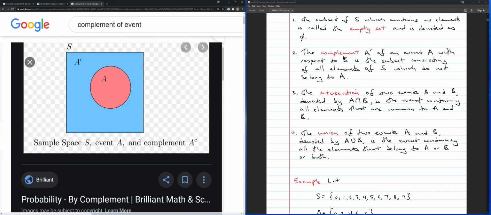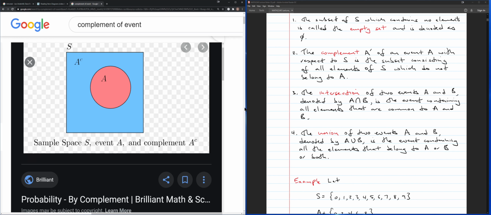Okay, and something we also need to know is what the complement of an event is. So I have sample space S here, indicated by this square set.